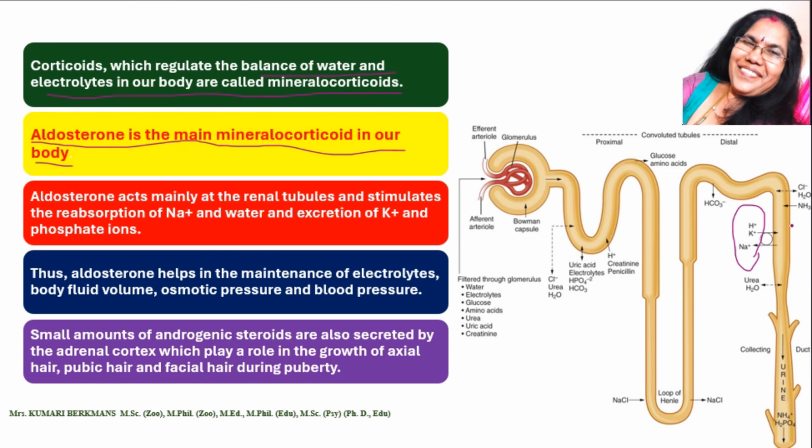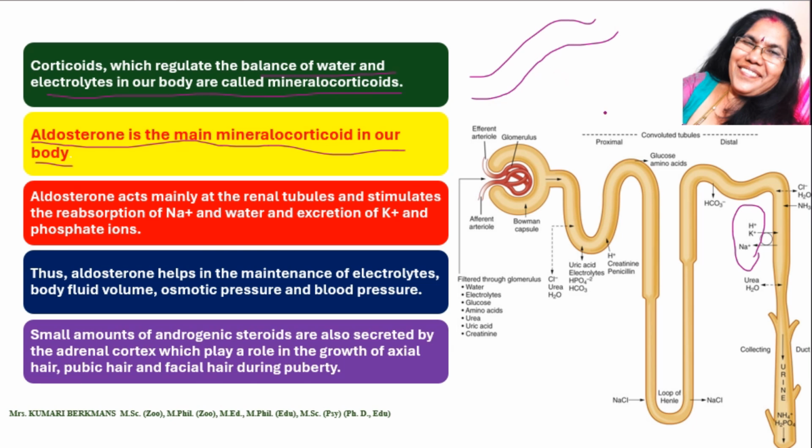So that will be reabsorbed once again into the blood, stimulated by aldosterone. So this aldosterone helps in the maintenance of electrolytes. Body fluid volume, osmotic pressure and blood pressure are maintained by this aldosterone.